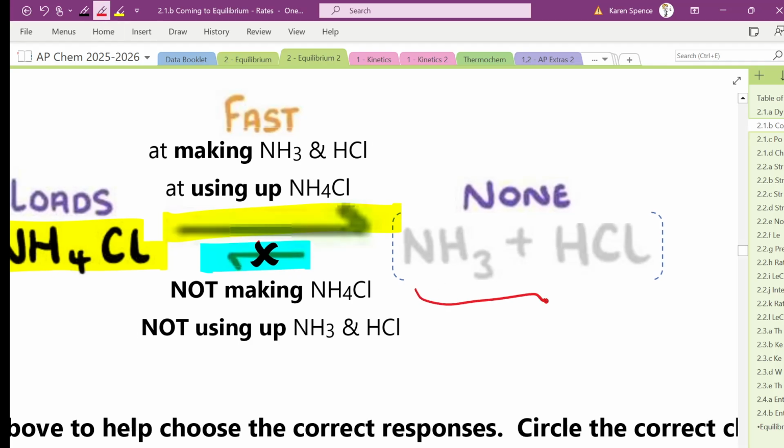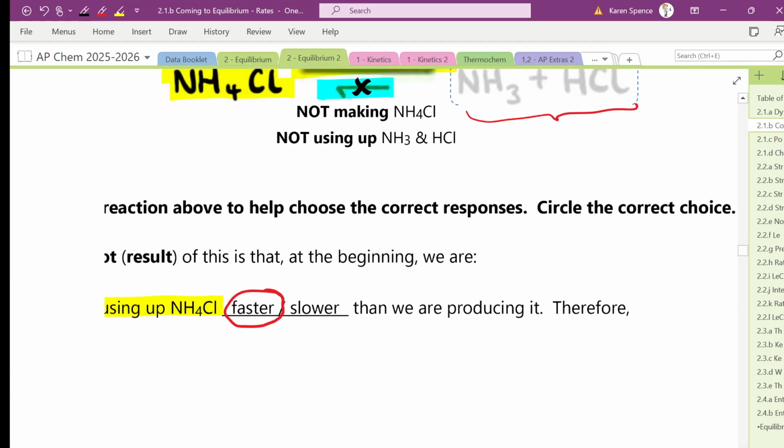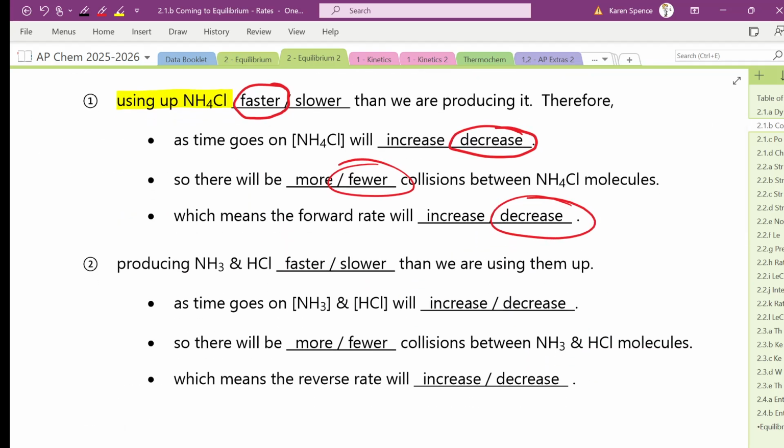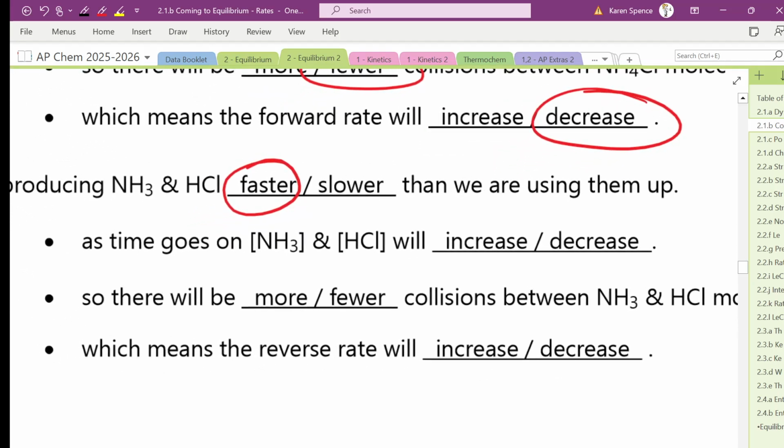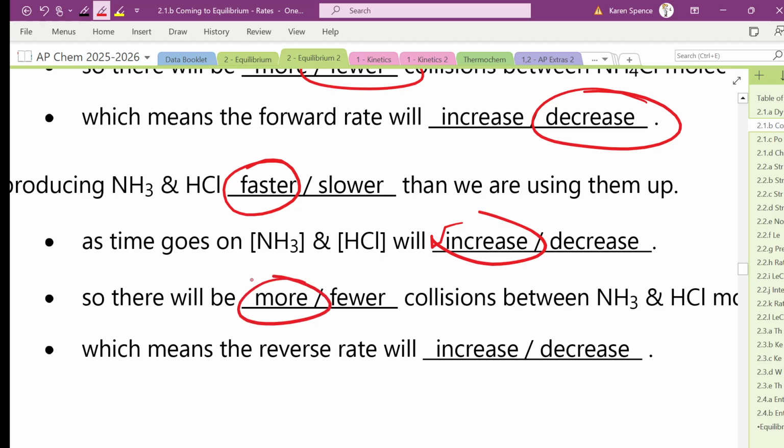We are producing them faster than we are using them up. Therefore, the concentration of NH3 and HCl will do what? They will increase. So there will be how many collisions? More, which means the reverse rate is going to increase.